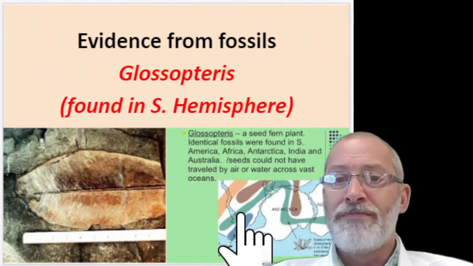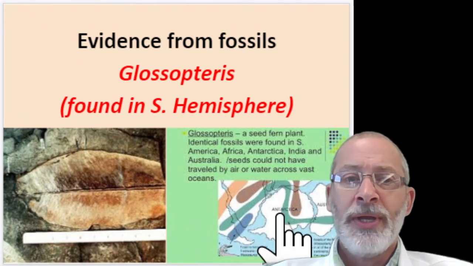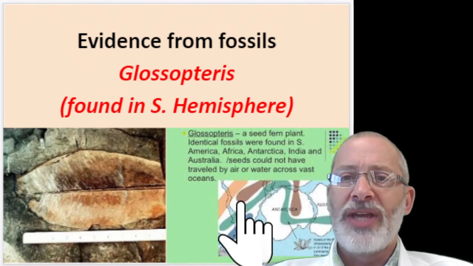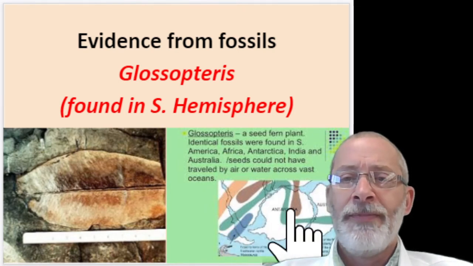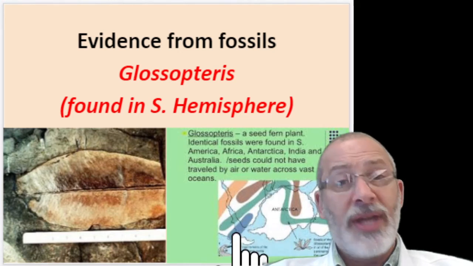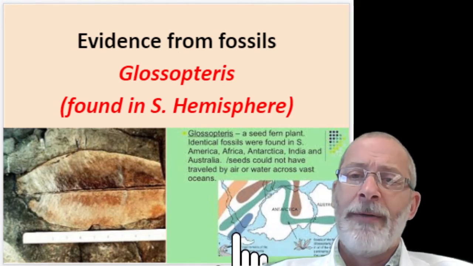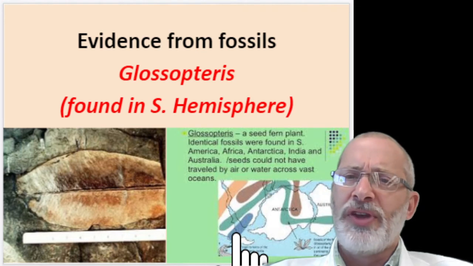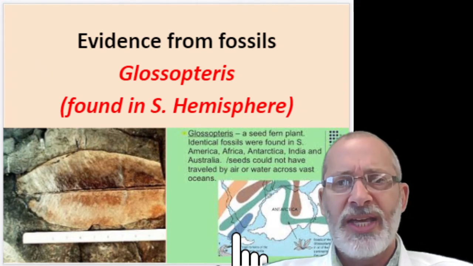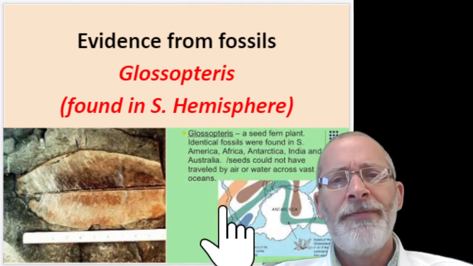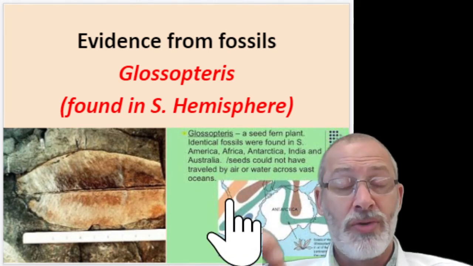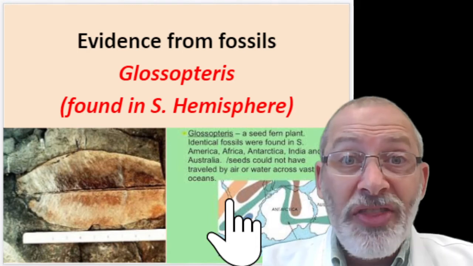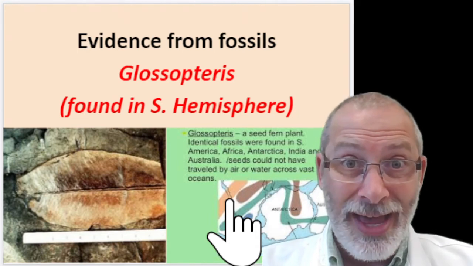And if you look at this map here, you will notice here's Antarctica, here's Africa, South America, Australia. And he noticed, and others noticed as well, that in the southern hemisphere there were certain fossils that seemed to have been found on different continents, even though the present locations of these continents are thousands of miles away.